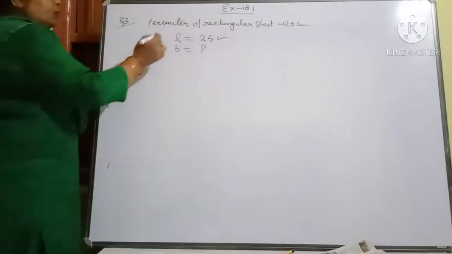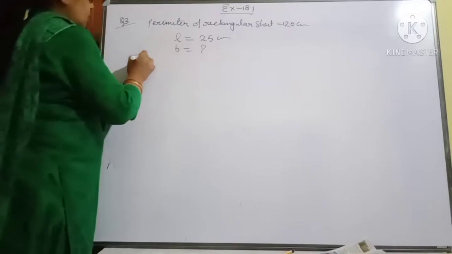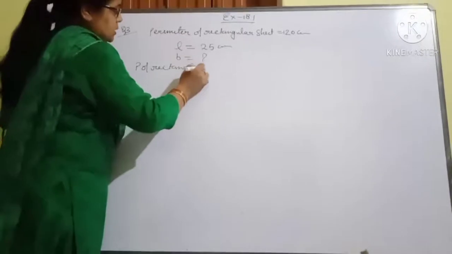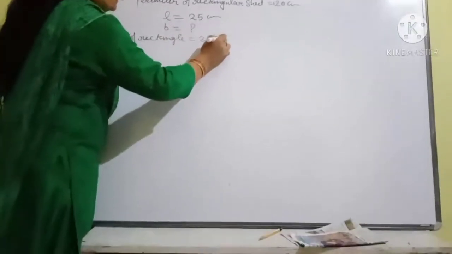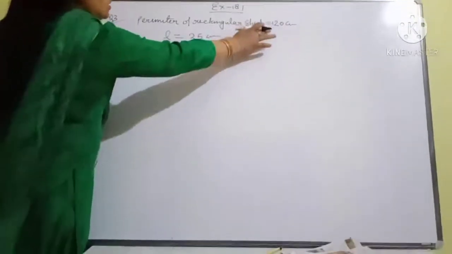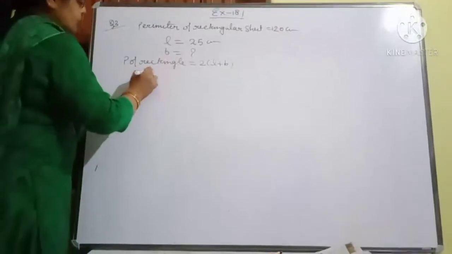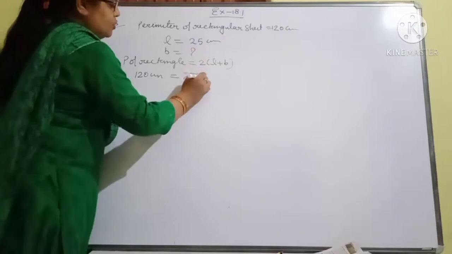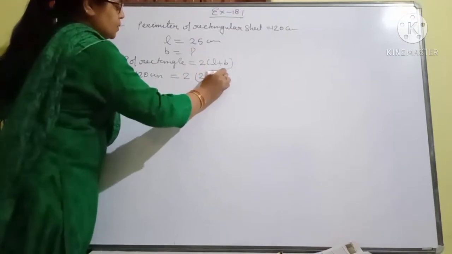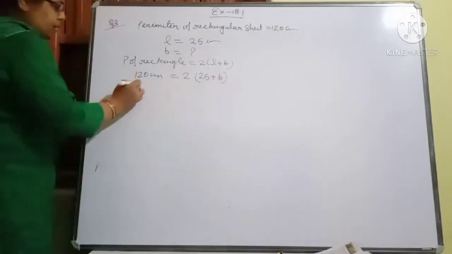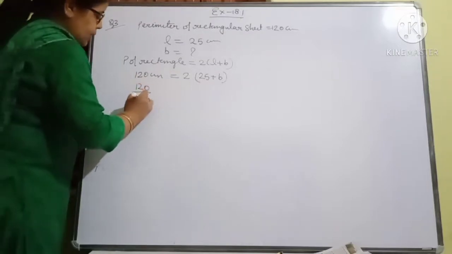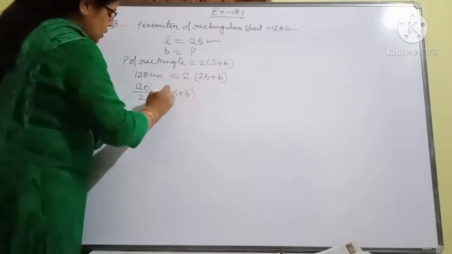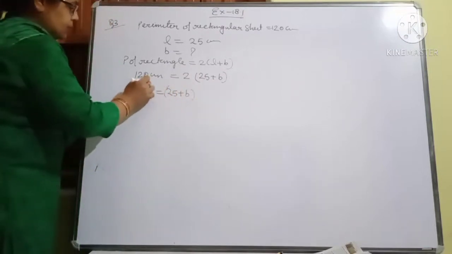So you know that the perimeter of a rectangle is equal to 2 into (length plus breadth). The perimeter given is 120 centimeter, which is equal to 2 into (25 plus breadth). So this 2 will come here: 120 divided by 2 is equal to 25 plus breadth. If you cancel it, it will become 60.